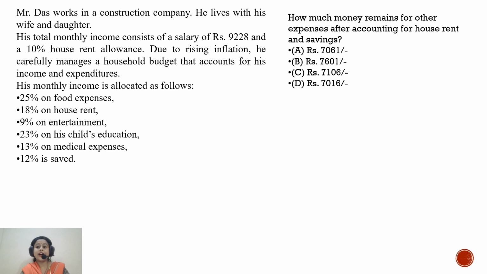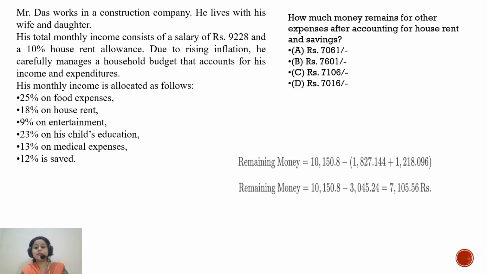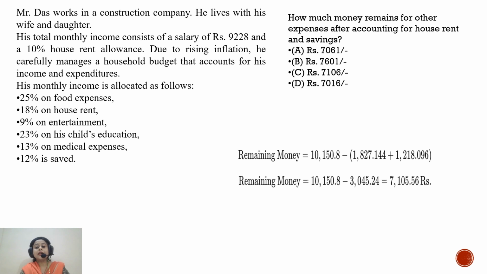Next question is, how much money remains for other expenses after accounting for house rent and savings? It is also a very straightforward question, where you have to subtract from the total income the sum of money spent on both house rent and savings.